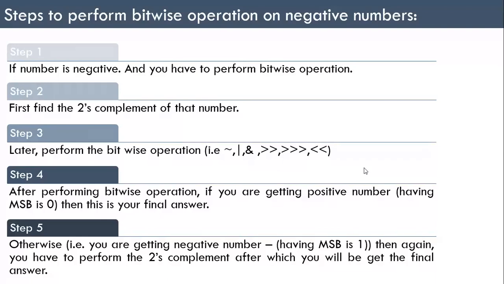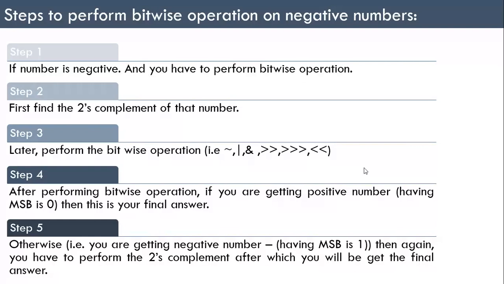Why we are performing 2's complement, we have already discussed in the first lecture, after which we perform the bitwise operation. After performing the bitwise operation, if you are getting a positive number having MSB 0, then this is your final answer. It is because if your number is positive, then your logical code as well as machine level code are equal. Both of them are equal.